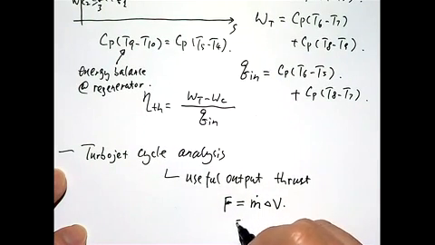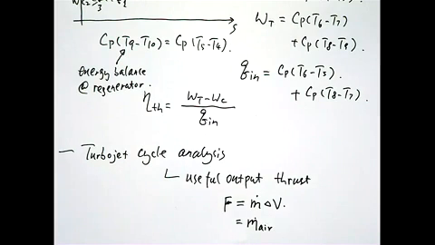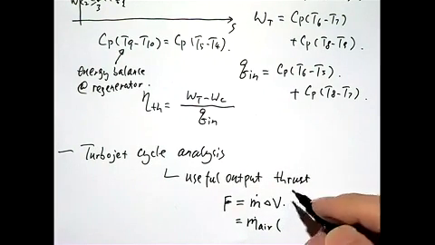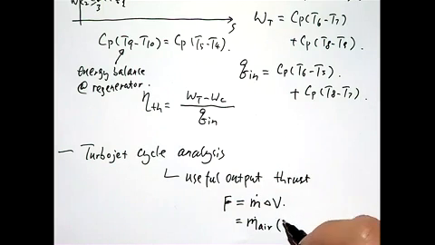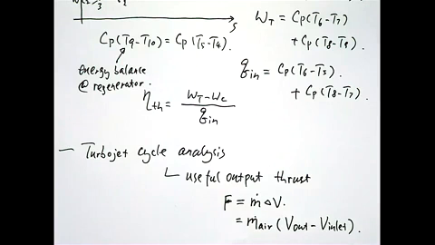The m dot refers to the amount of air passing through this engine, this turbojet, and the velocity is the velocity change passing through this device, the velocity of the outlet minus the velocity of the inlet. So depending on how much air you can accelerate, and how much velocity increase you can produce, it will generate a larger thrust.